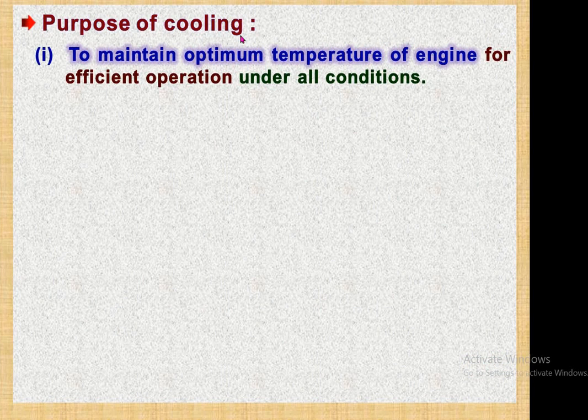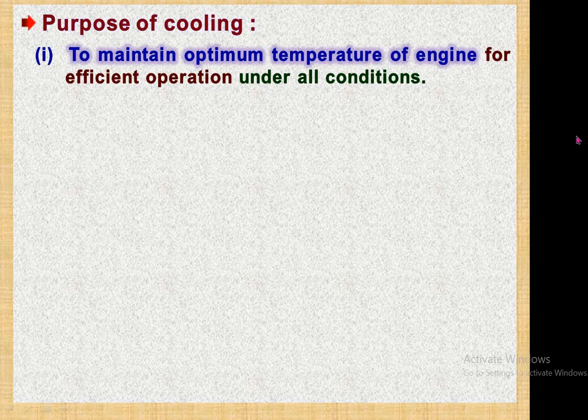Now, purpose of cooling. What is the main purpose of cooling the engine system? First, to maintain optimum temperature of the engine for efficient operation under cold condition. Means if our engine system is idly running without load, or it may be running with different types of load, either medium or high load, in that condition the temperature of the engine may be different.